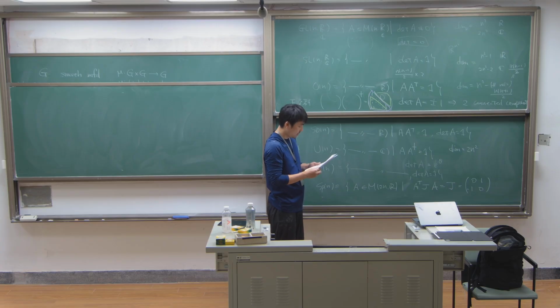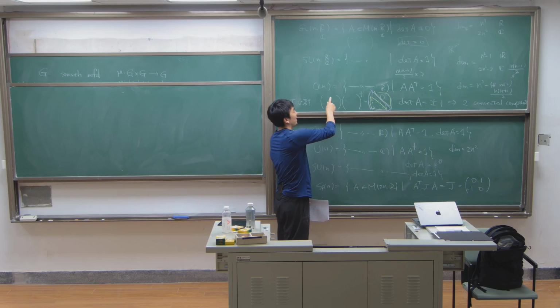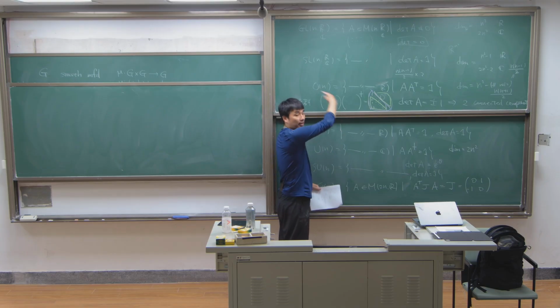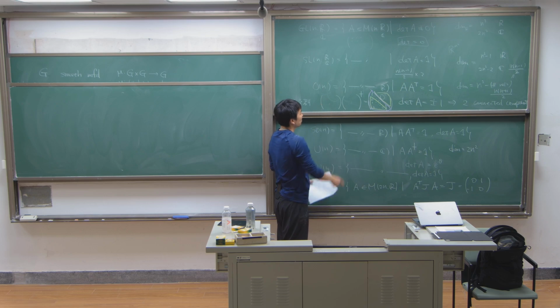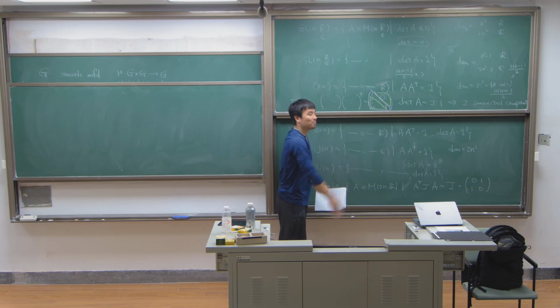However, if you do A times A dagger, the diagonal is always real. Because it's dagger, you just take the complex conjugate and transpose, and on the diagonal it's the same row and same column.